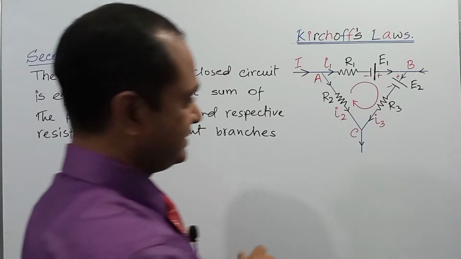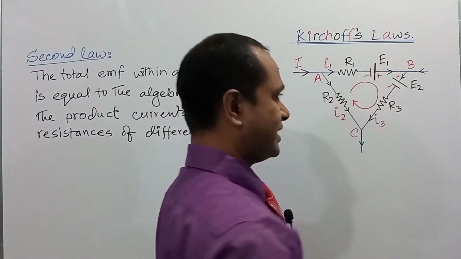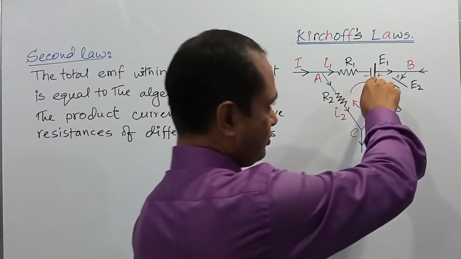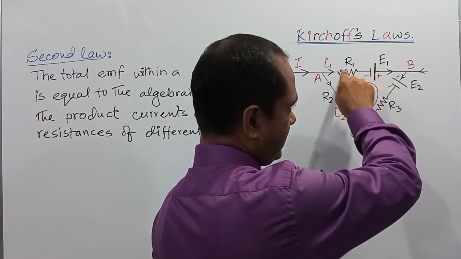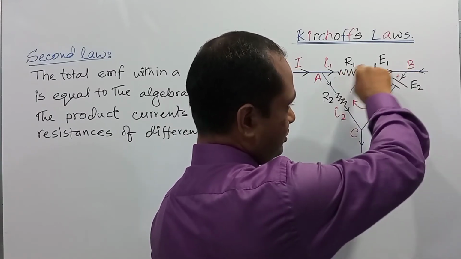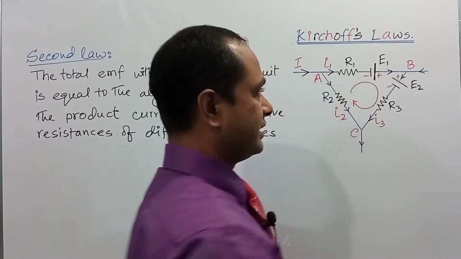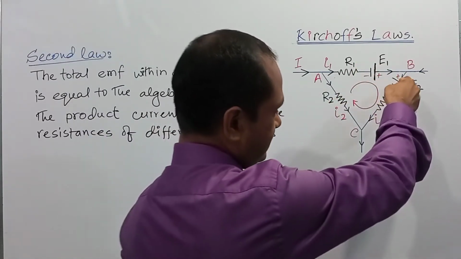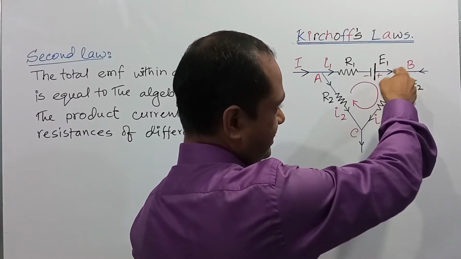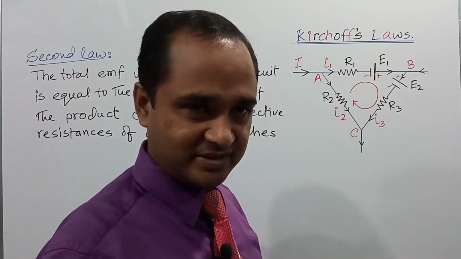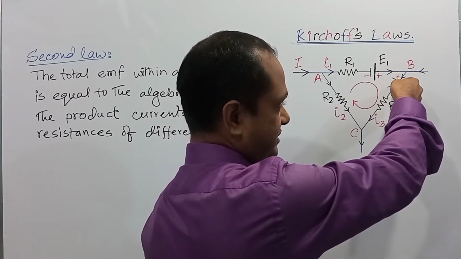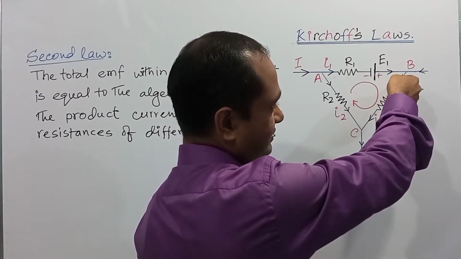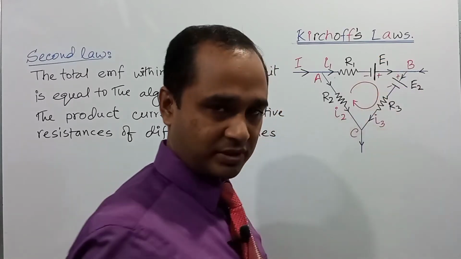Dear student, the current in the first cell is clockwise, so the EMF of the first cell will be taken as positive. But the direction of the second cell is opposite to the first cell, so it will be taken as negative, because its current is in the anti-clockwise direction.